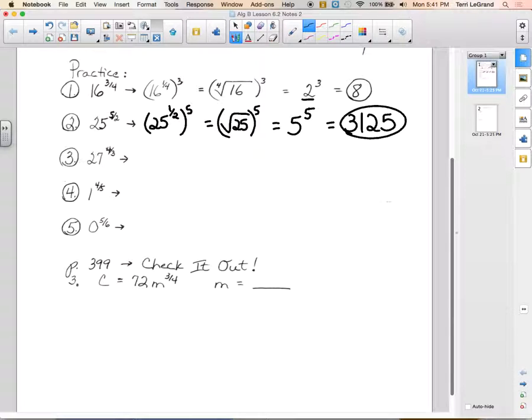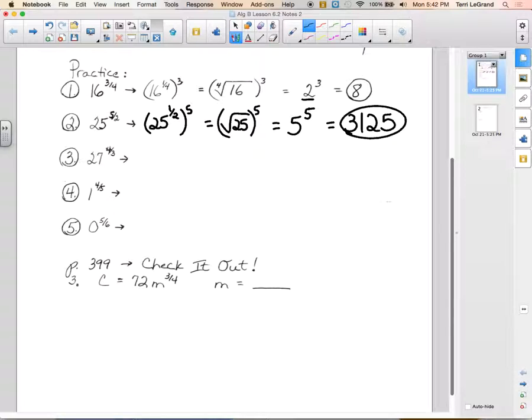Now I want you to notice something about the difference between those two. When we took 16 to the 3/4 power, we got a number smaller than our base. When we took 25 to the 5/2 power, we got a number larger than our base. So what's the difference here? Let's look at those exponents. On the 16 to the 3/4 power, 3/4 is less than 1.